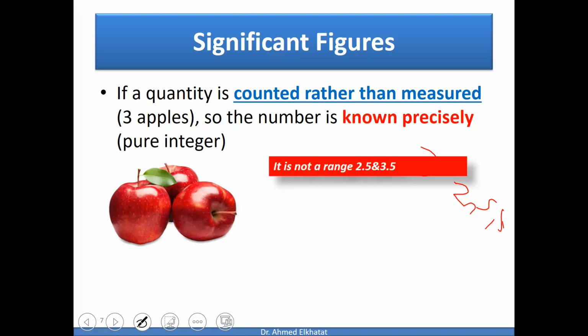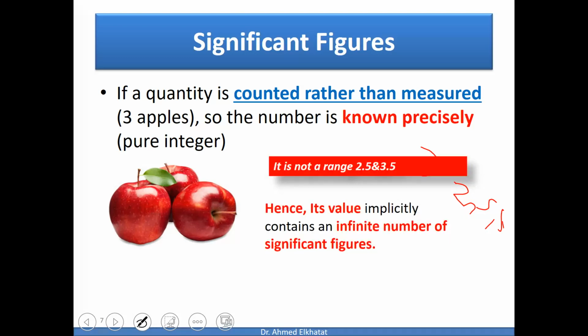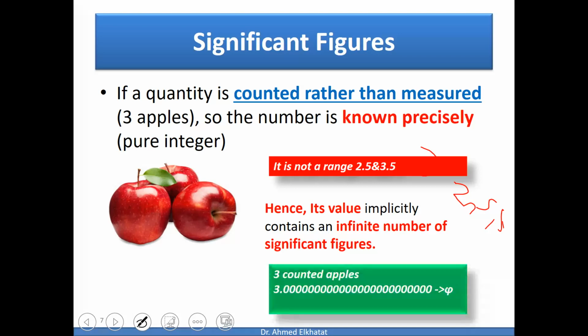It's not a range, so the value implicitly contains an infinite number of significant figures because you are sure that they are exactly 3. So 3 counted apples means 3 point infinite zeros.